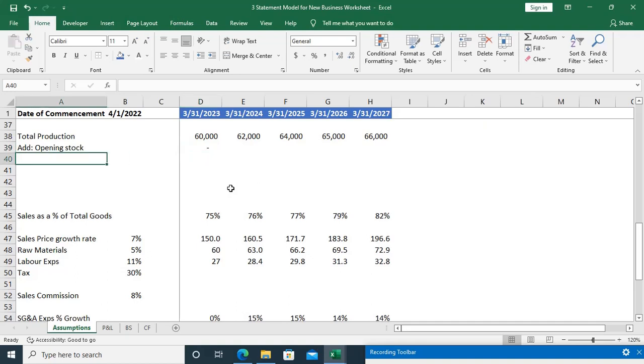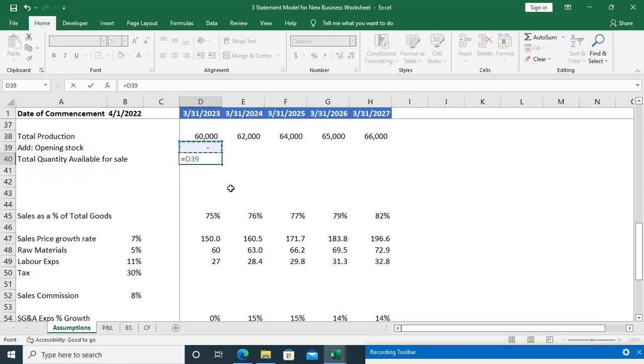Then what you get is the total quantity available for sale. Total quantity available for sale. How to get it? That is equal to the total production plus the opening stock.